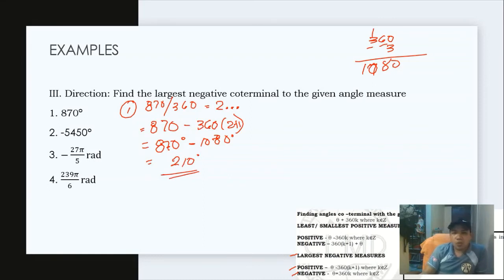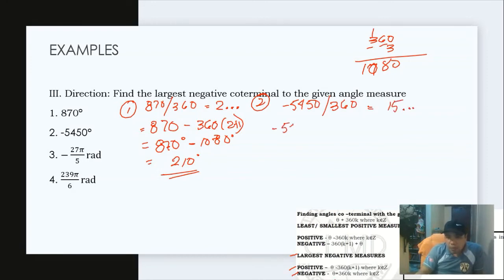Number 2. This time, negative. So, theta, negative 5450, ilan muna yung K na kailangan? Negative 5450 divided by 360 will give us 15 point something.